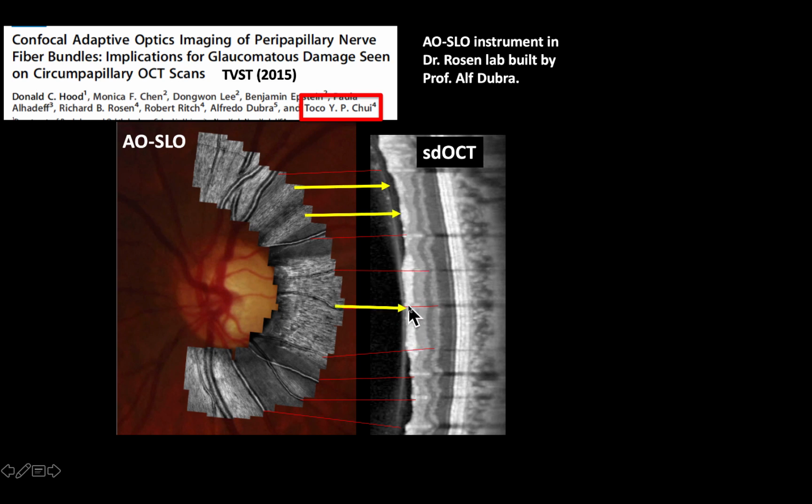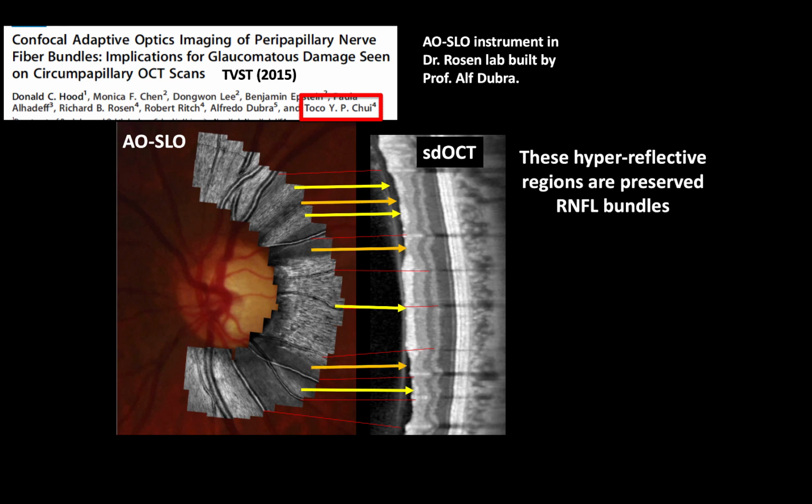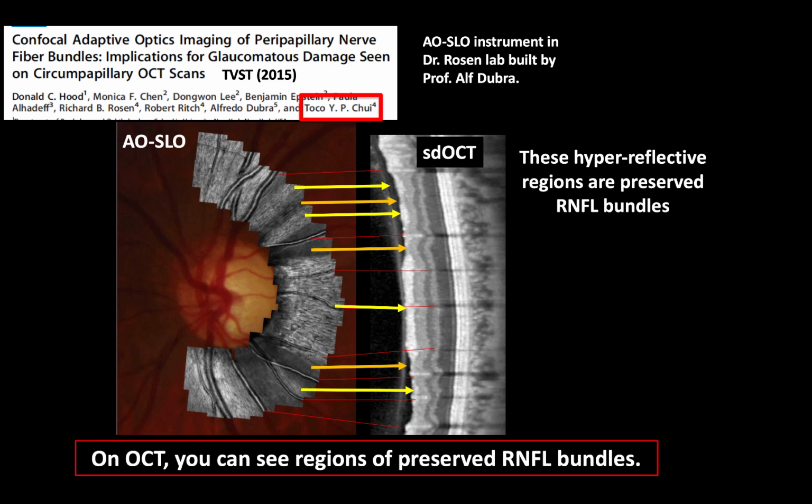Bundles, hyperreflective region indicating axons, and so on. And wherever this is dark, it's hypo-reflective, right? And so on. So these hyperreflective regions are preserved retinal nerve fiber bundles. So you can see regions of preserved bundles on the OCT. It's remarkable.